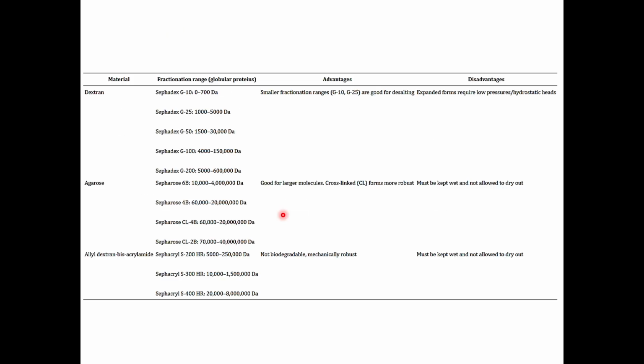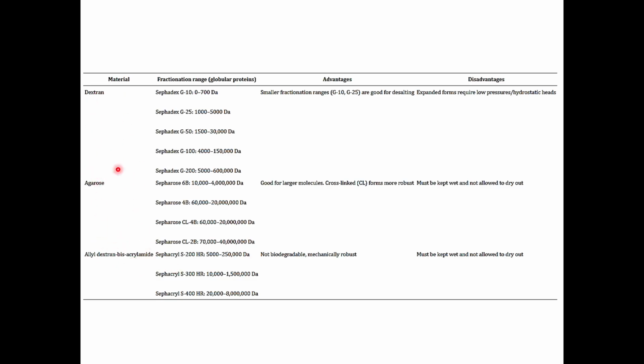Okay. Then these are some other resins or materials that are used. So Sephadex is your dextran resin. For agarose, you have Sepharose, and your Sephacryl is basically your allyl dextran bis-acrylamide.